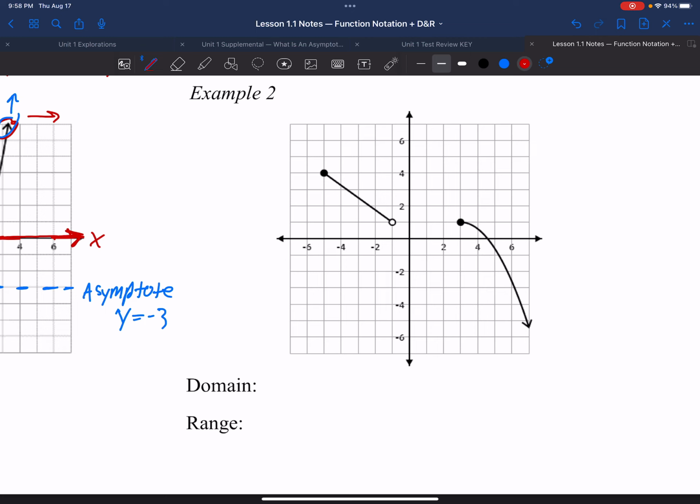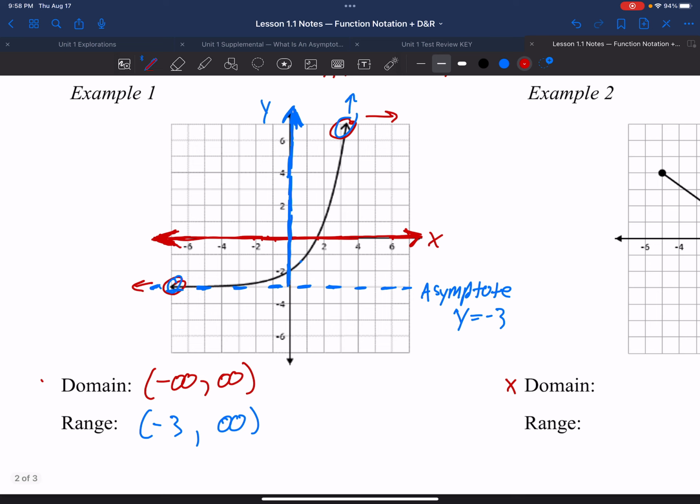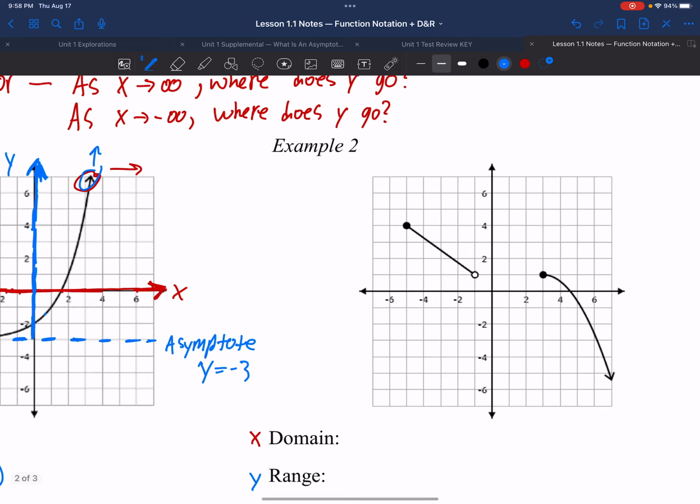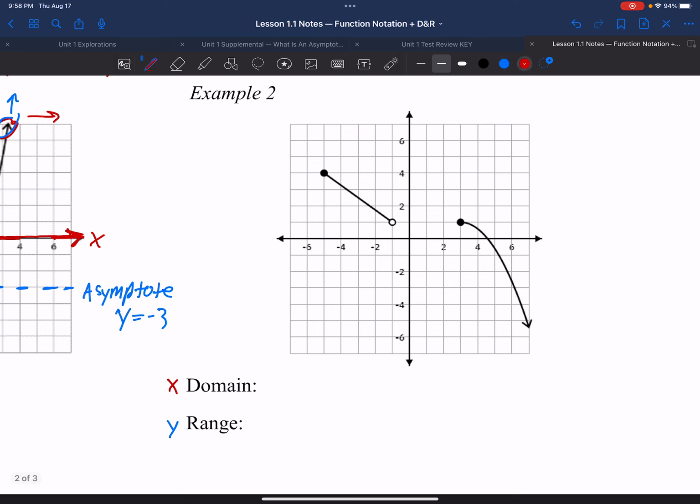Okay, let's do example 2 now. Remember, domain is x. I should put these x and y. So domain, look at my graph here. If I read it left to right, it starts here, it's a filled in point, and it continues all the way to right here where there's a hole. What's that interval?